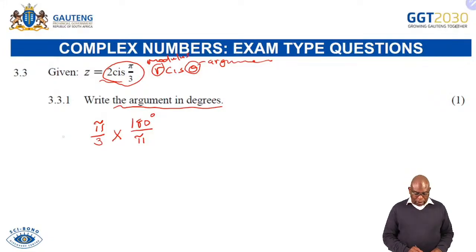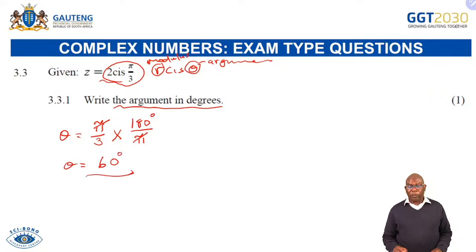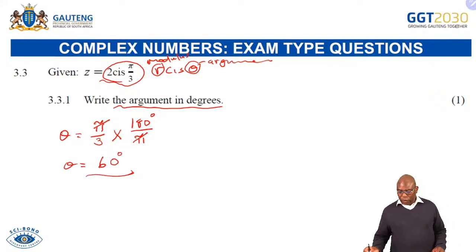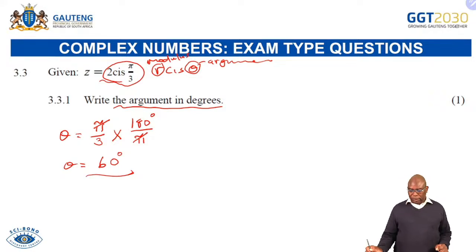So in this case, my angle will now be equal to, the pi cancels out, 3 into 180 goes 60 times, so the angle there will be 60. Now I know that the angle is 60 degrees. I can work out whatever they want using the angle of 60 degrees.